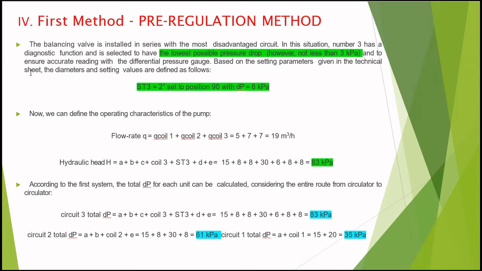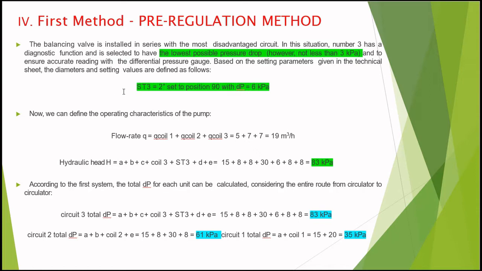And to ensure accurate reading with the differential pressure gauge, based on the setting parameters given in the technical sheet from the supplier, the diameter and setting values are defined as follows.